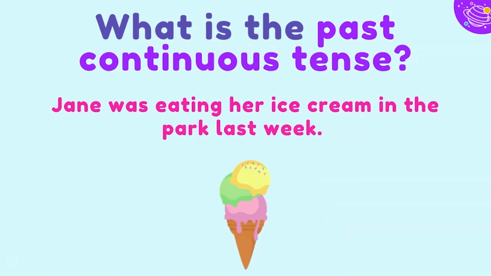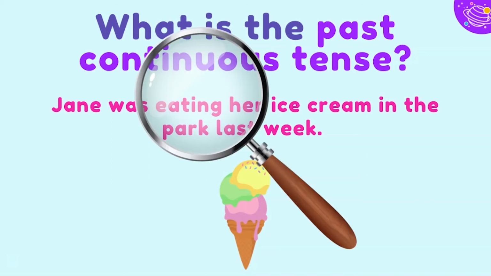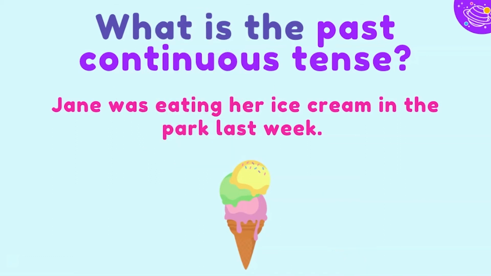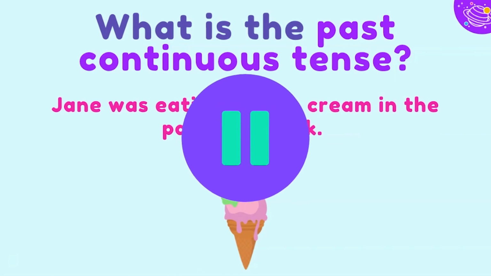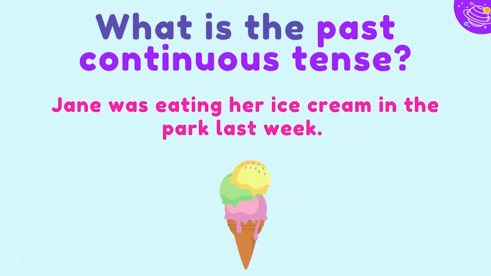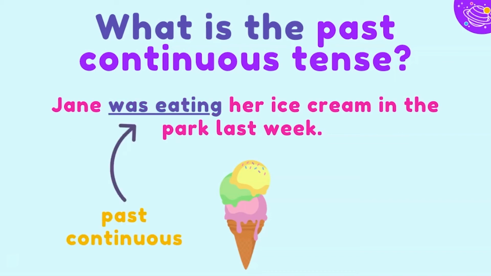Let's try one more. Jane was eating her ice cream in the park last week. Can you find the past continuous tense verbs? Pause to think or keep watching for the answer. So the correct answer is was eating.